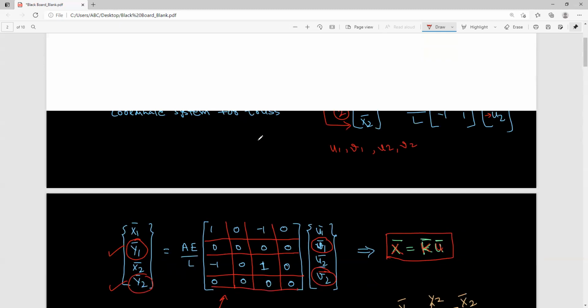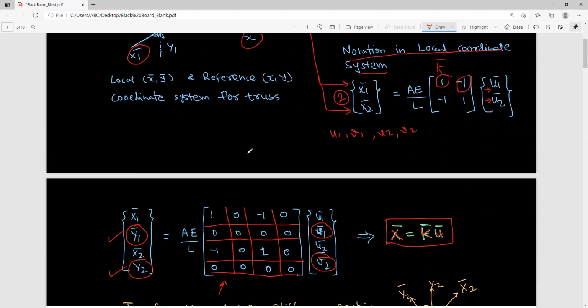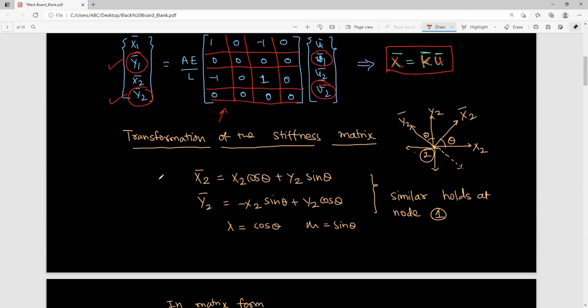Now, how do we write the resolution of the components? From vector mechanics and vector algebra of force resolution, a simple definition from engineering mechanics, we can easily write this component as x2 cos theta plus y2 sin theta.